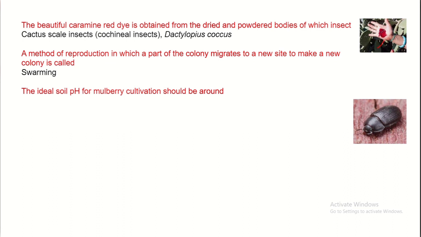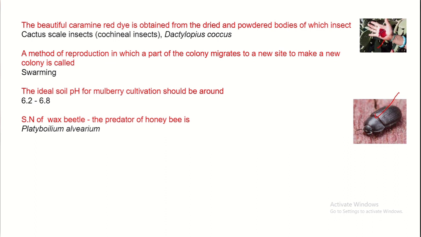The ideal soil pH for mulberry cultivation should be around 6.2 to 6.8. Scientific name of the wax beetle, the predator of the honeybee, is Platybolium alvearium.